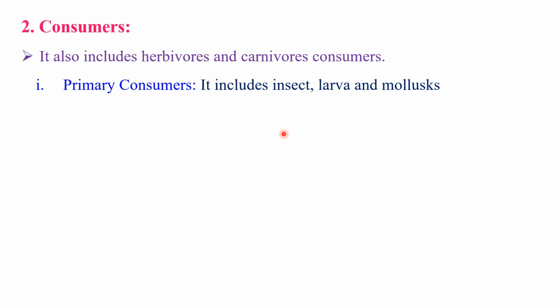If we are talking about the primary consumer, it includes the larva, which is a very important insect, and the mollusk, and also various invertebrates that we observe as part of the primary consumer in the river ecosystem.